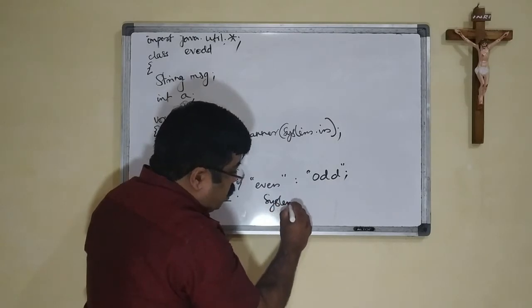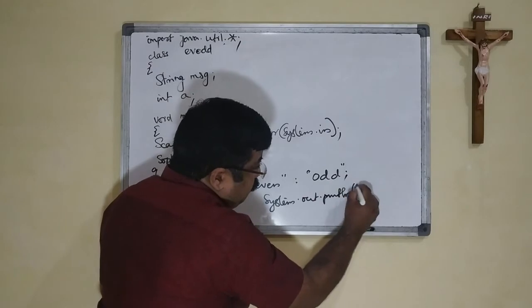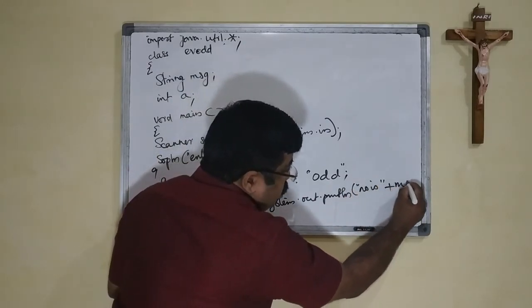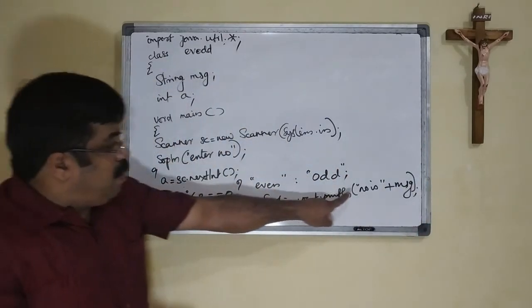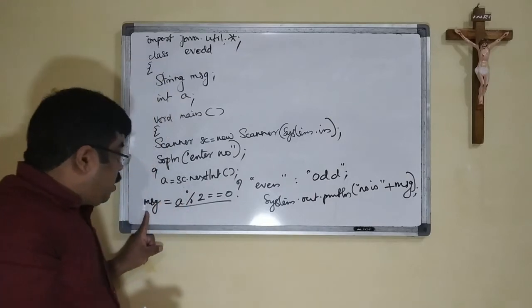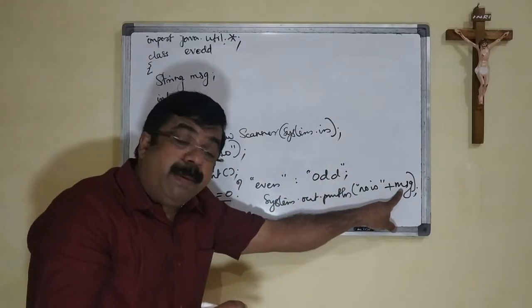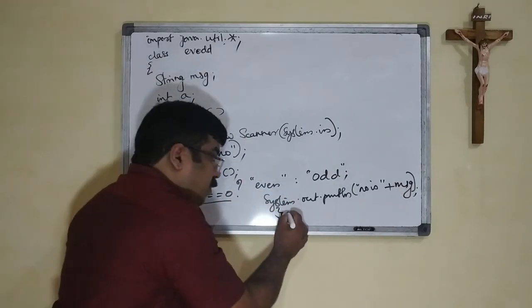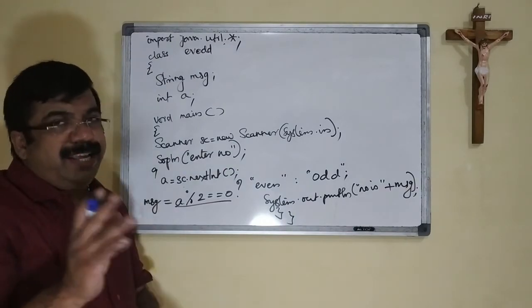We give System.out.println, number is plus MSG. Number is will be printed, and whatever contents are stored in the MSG variable will be displayed there. Main closed, class closed. I think it is clear.